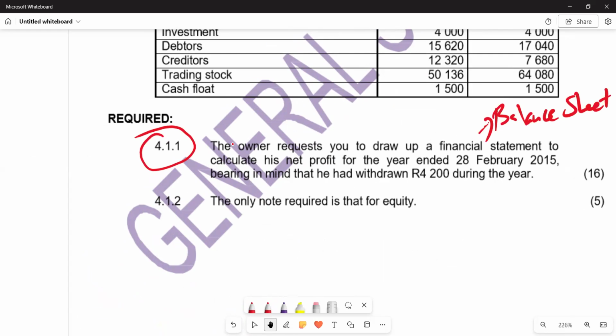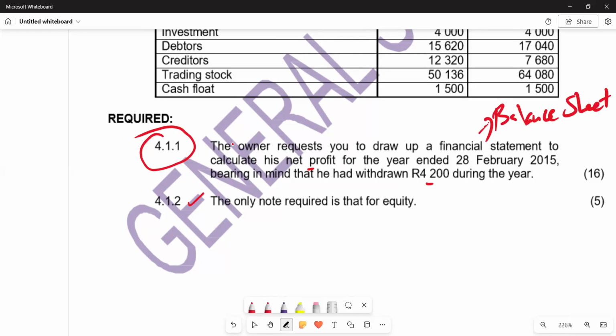It reads: the owner requests you to draw up a financial statement to calculate his net profit for the year ended 20th February 2015, bearing in mind that he had withdrawn 4,200 during the year. So we have drawings of 4,200, and the net profit figure was calculated in part 4.1.2, where a statement of changes in equity was prepared in the last video.